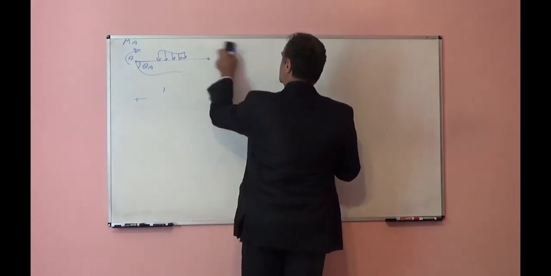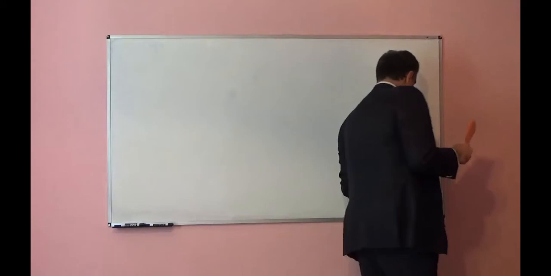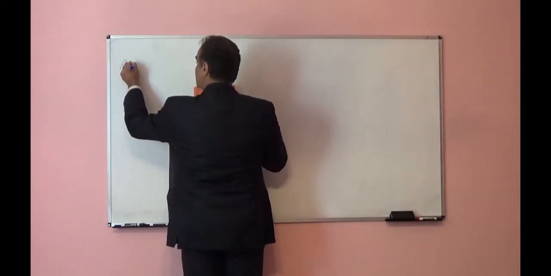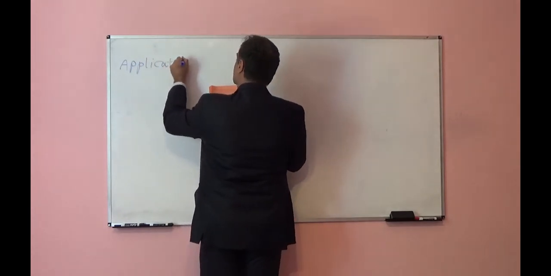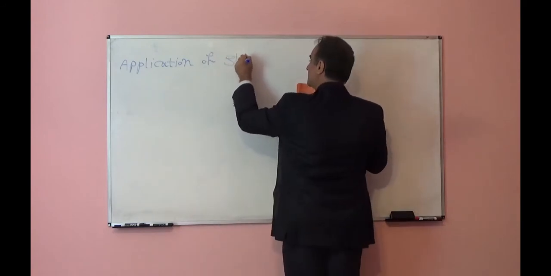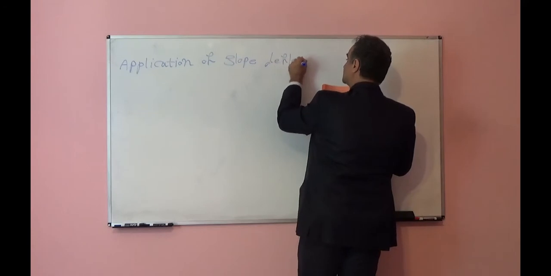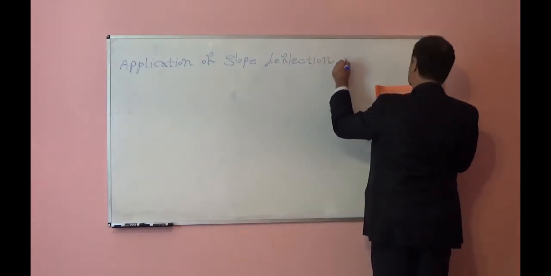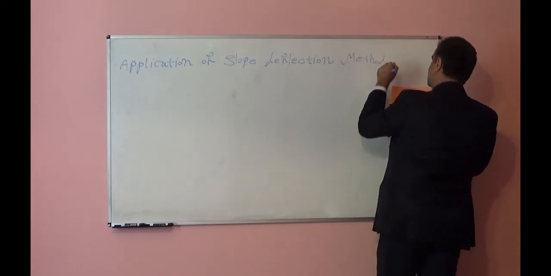If we want to solve an indeterminate structure using the slope deflection method, what is the procedure? So I call it application of slope deflection method. How will I apply it?